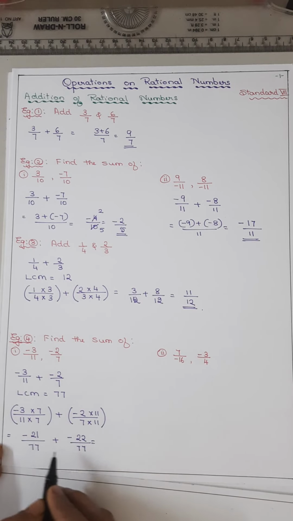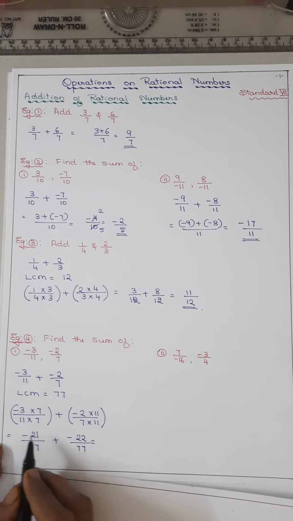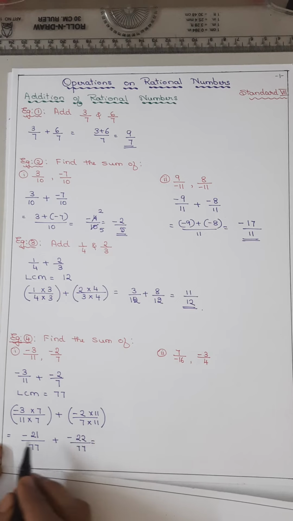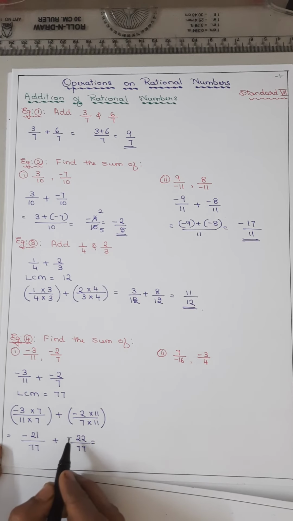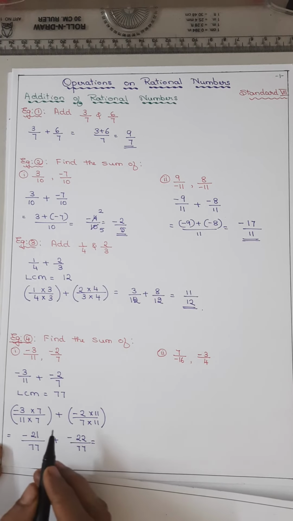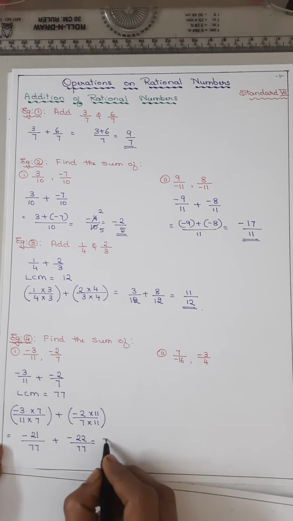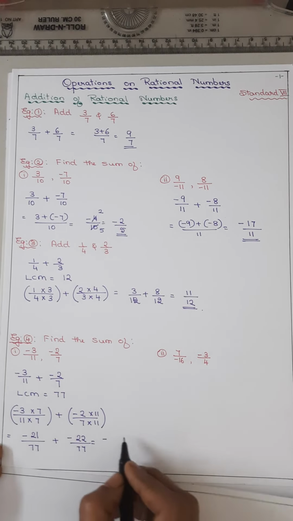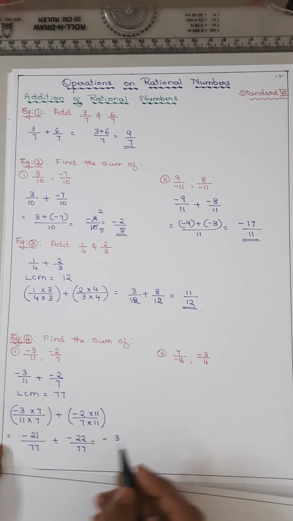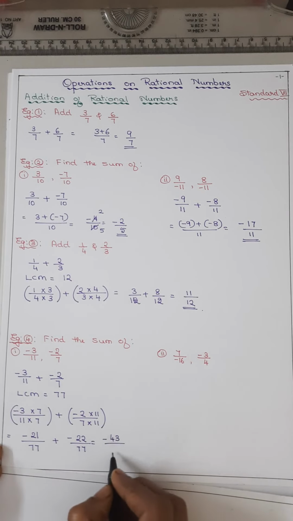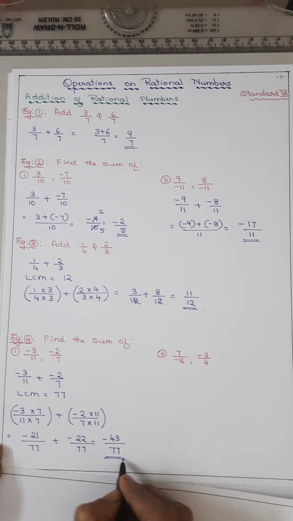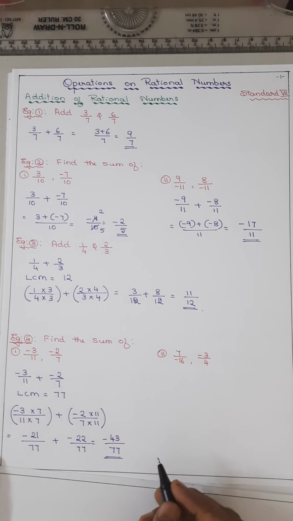Now denominator is same, add the numerators. Why? Because the signs are same. So look for the sum, add, but the sign is minus. 21 plus 22 is 43 by 77. Answer is minus 43 by 77.